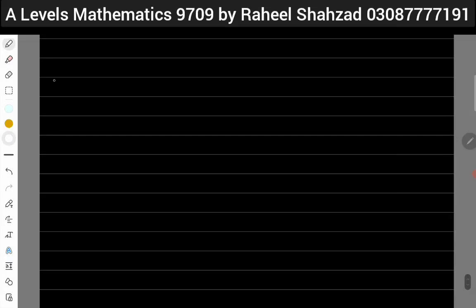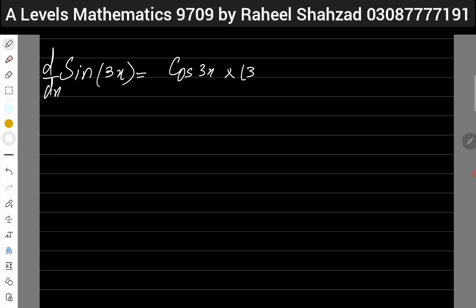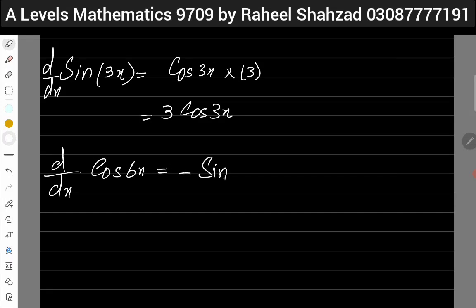So suppose we have to find out derivative of sine of 3x. Derivative of sine of 3x is going to be cos of 3x into 3, and you can write it as 3 cos of 3x, right? Similarly, if we need to find out derivative of cos of 6x, that is going to be minus sine 6x into derivative of the angle, that makes it minus 6 sine 6x.